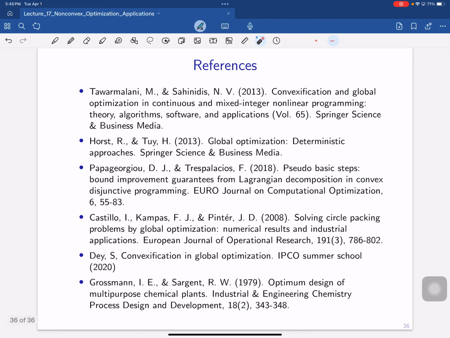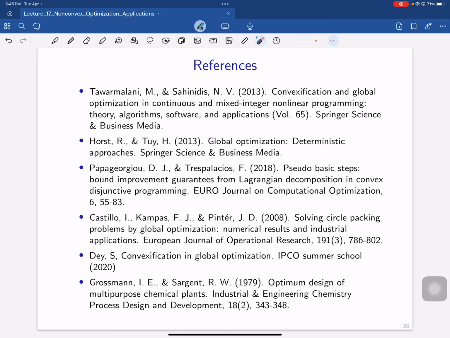As for references, there are different references you could look at. One of them is a textbook by, maybe some of you have interacted with Professor Tawarmalani from the business school. Basically, his PhD thesis has been turned into a textbook. Right? So that also gives you a sense of how much you can achieve during your PhD.